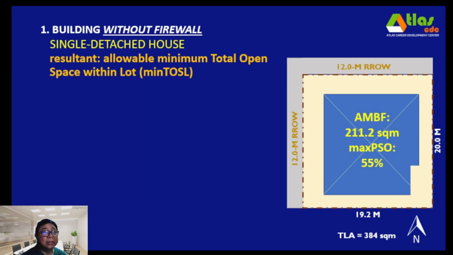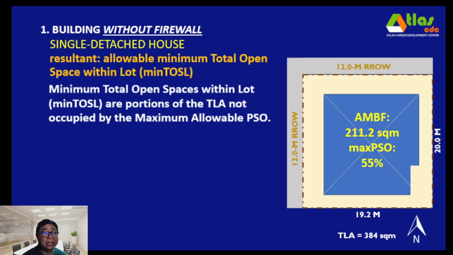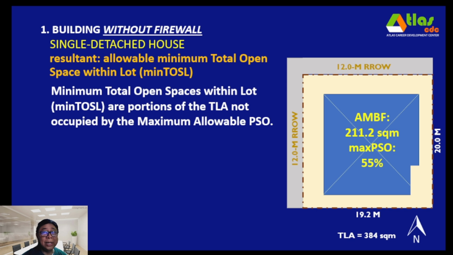So the first that we can compute is the resultant allowable minimum total open space within lot. And it says here that our minimum total open space within lot will be the portions of the TLA that is not occupied by the maximum allowable PSO. It simply means that whatever is left on the site after determining the AMBF and the maximum PSO most stringent, the remaining part of the lot will be your minimum TOSL.